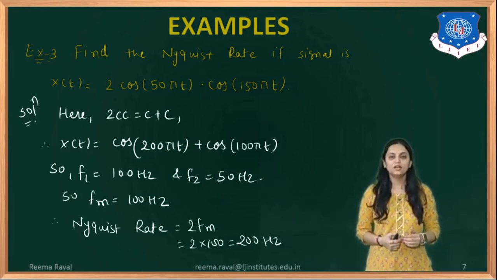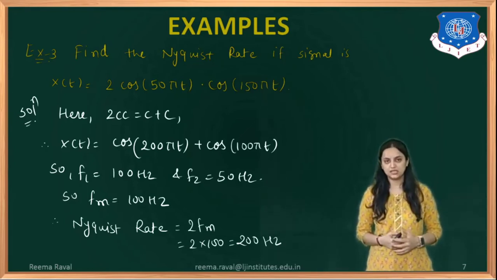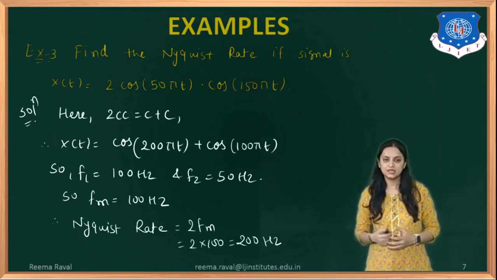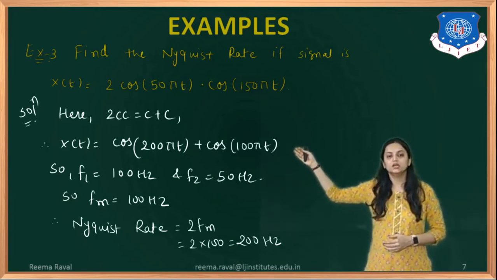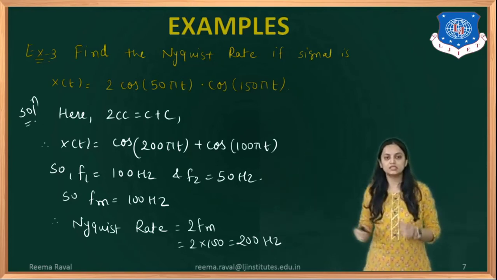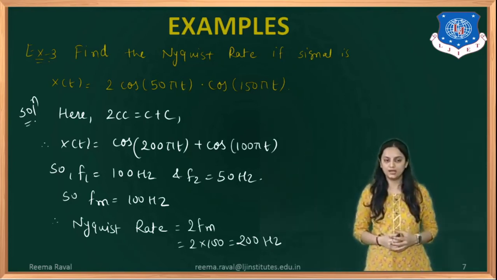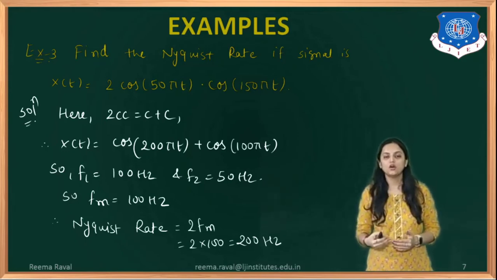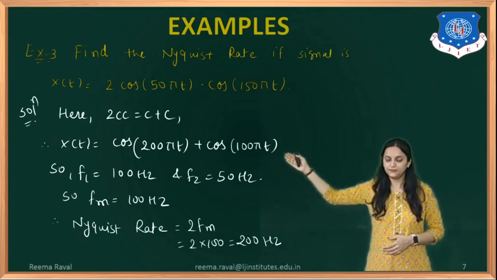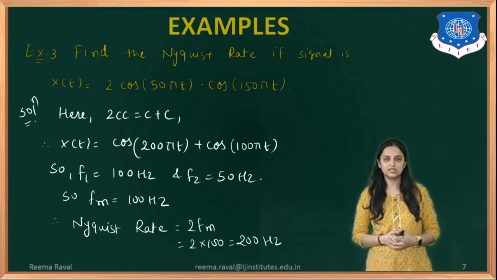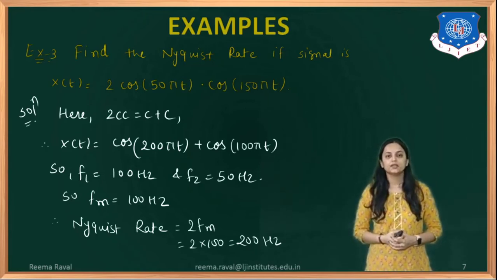For that, we will apply the formula 2 cos C cos D equals cos(C plus D) plus cos(C minus D). So we have cos of 50 plus 150, that is 200 pi t, plus cos of 150 minus 50, that is 100 pi t. This is our x of t after applying the formula.